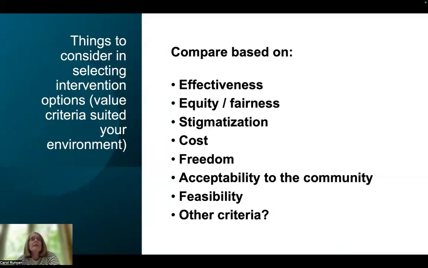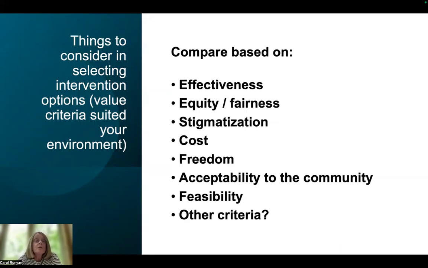So the point here is to consider, within the environment in which you're working, what are the values that you want to apply in making your decisions about what kinds of interventions to do. The values that might apply in New York City might not be the same as on the Navajo reservation in Arizona or in a small town in rural Mississippi.